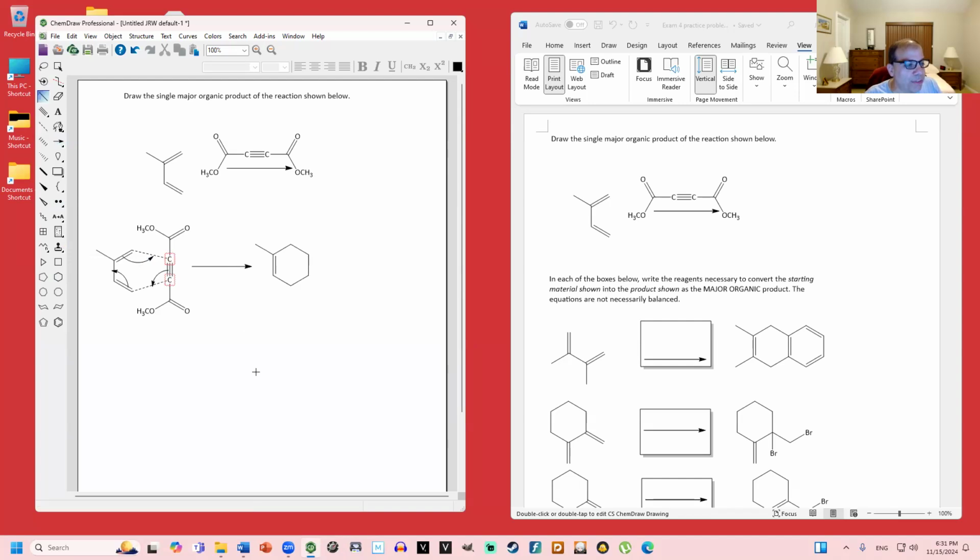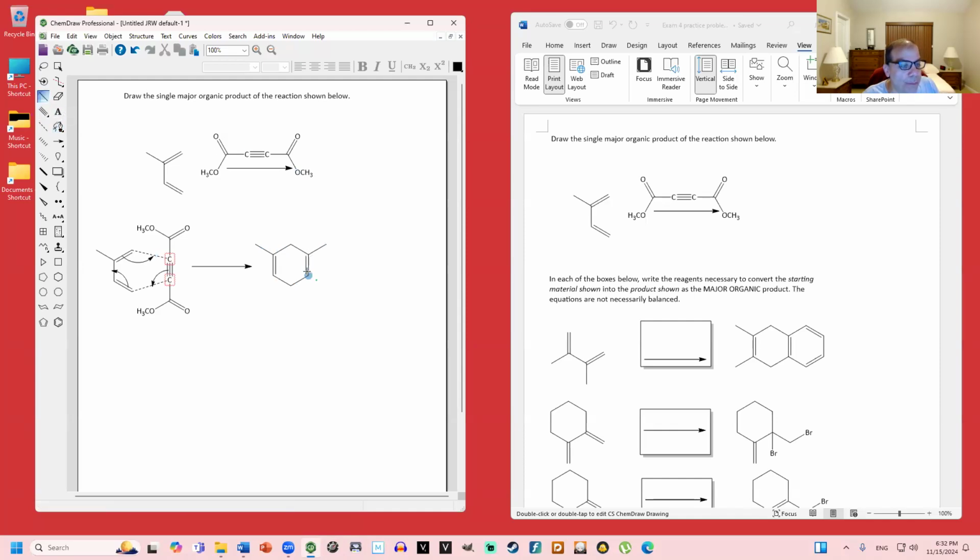So the methyl group stays in the same place. Of course, we don't put a wedge or dashed bond on the methyl group because it's on an sp2 hybridized carbon. So that part of the molecule is flat. And then we would have another double bond over here. The triple bond in the alkyne became a double bond when it lost 2 of the pi electrons.